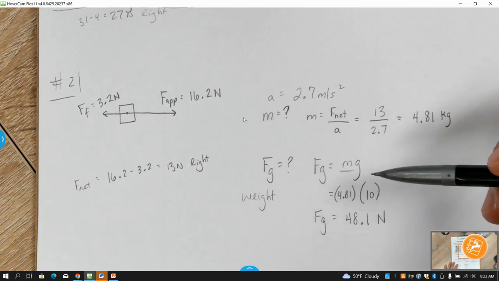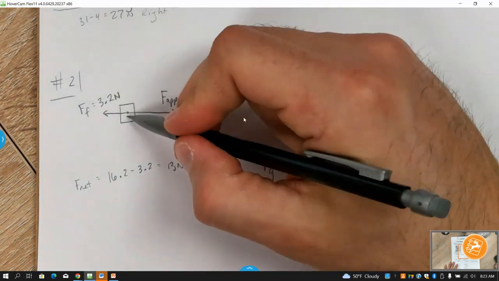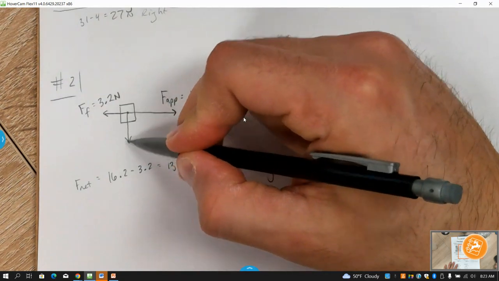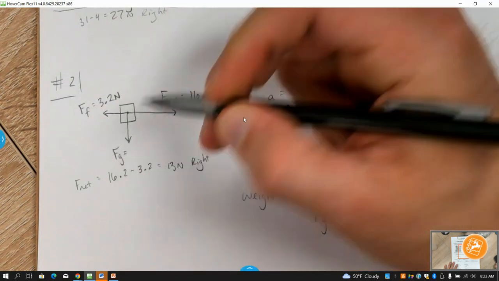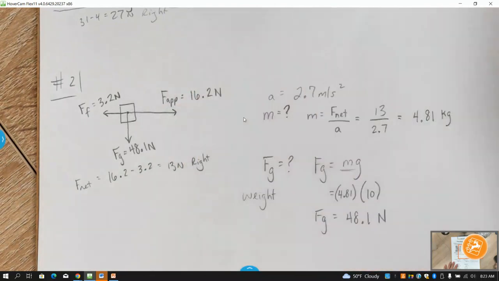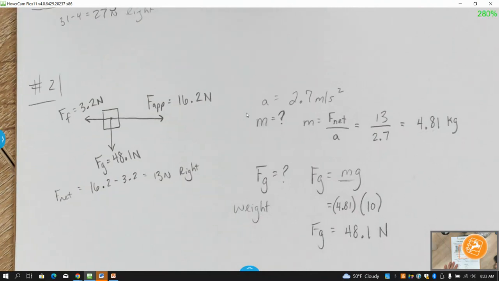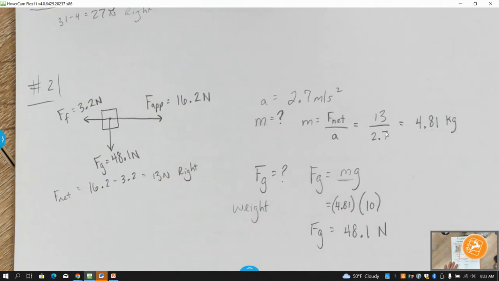What direction does Fg go? Down, always. Straight down. So we're going to have a down arrow. Fg, 48.1. Now, would this drawing be complete then? No, and why?